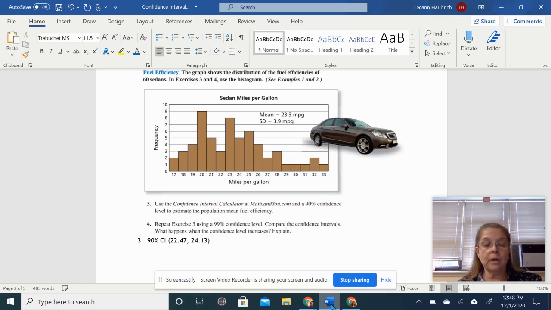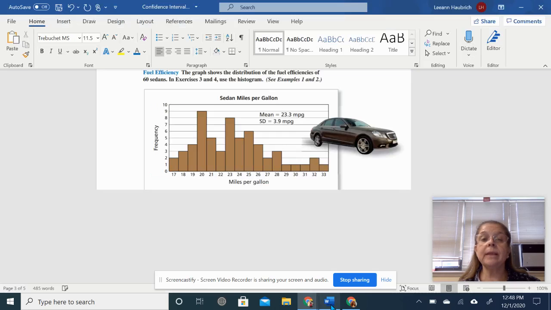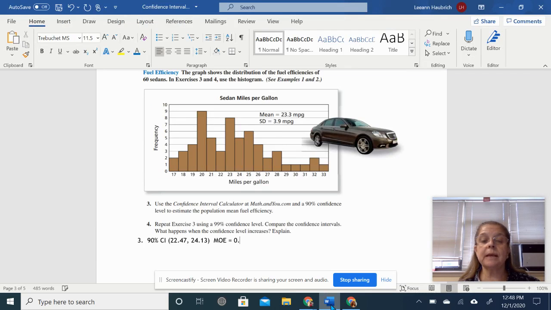The margin of error they give us, MOE is what I use for margin of error. I was looking for shortcuts, and it's 0.83 miles per gallon. So what this is saying is the margin of error to get from this side to this side. The mean would be 23.3.